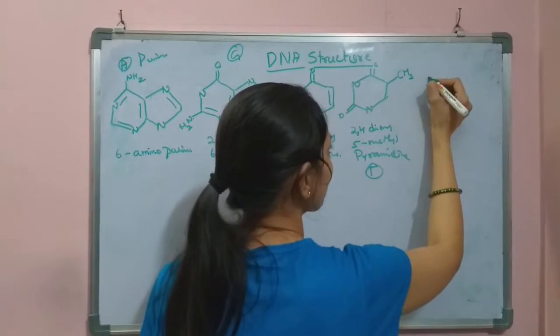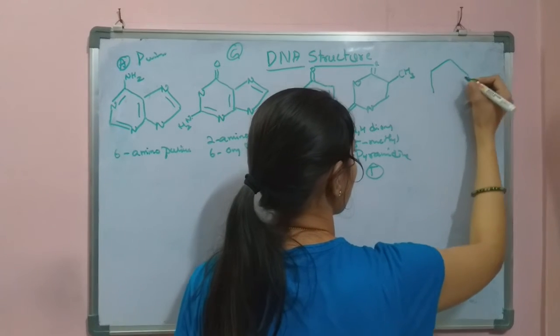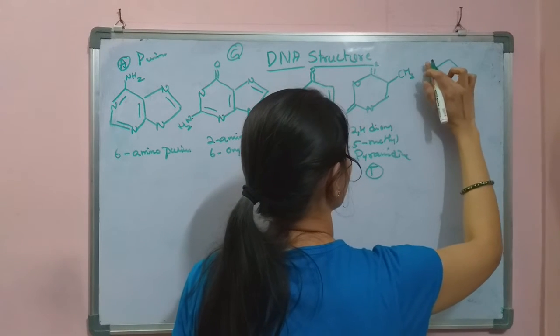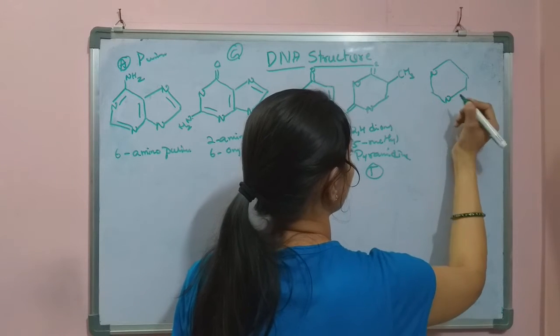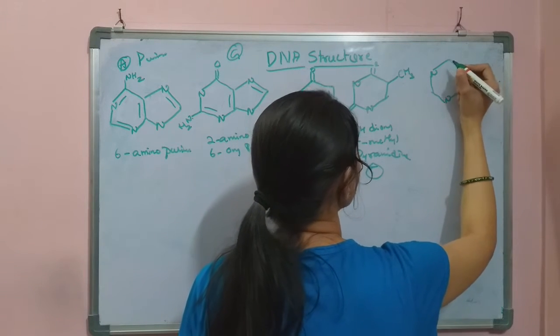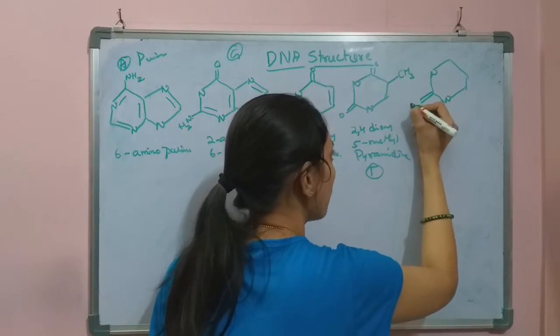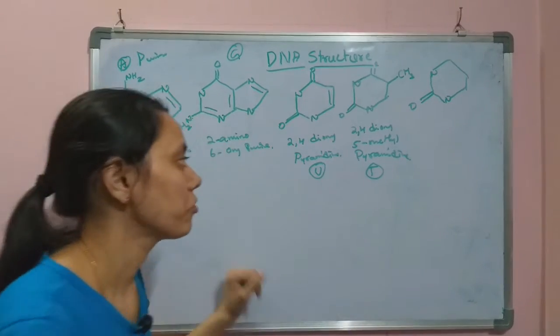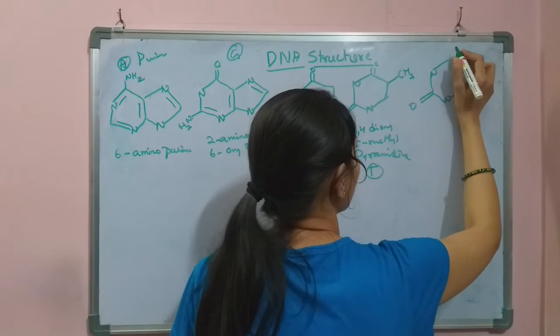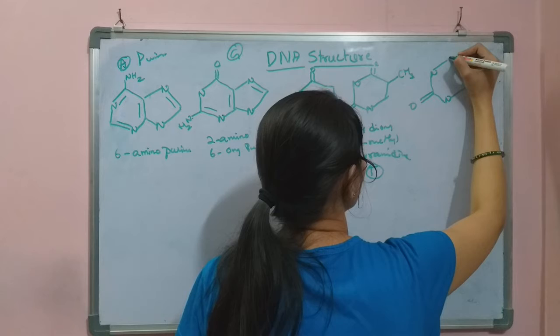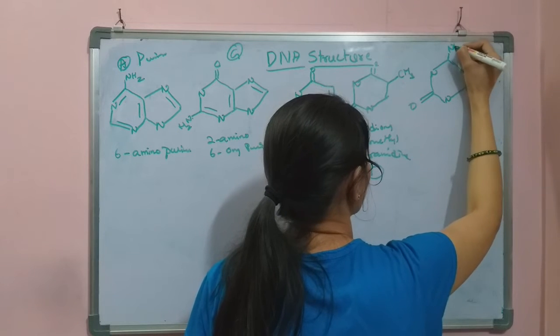Cytosine is also a pyrimidine. Here the 2 oxy position is common for all pyrimidines present in nucleic acids, but the difference is here you will get an amino group.